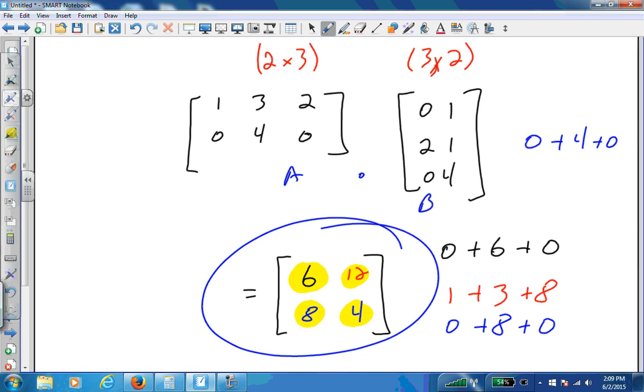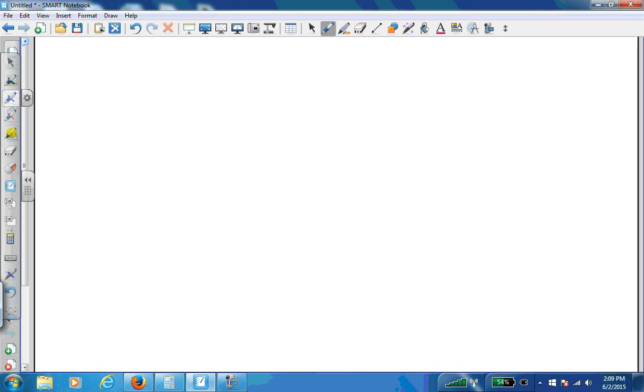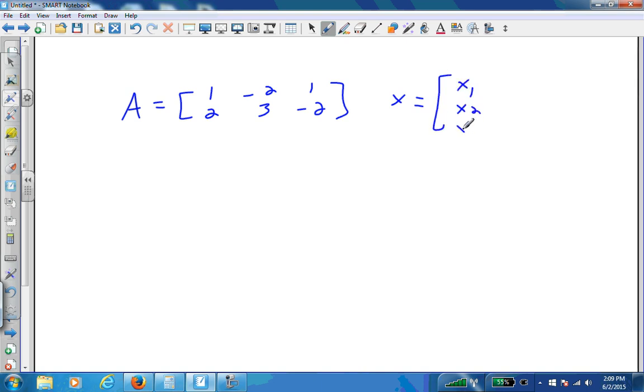So let's look at an example. Let's suppose we have A equals 1, 2, negative 2, 3, 1, negative 2. X equals x1, x2, x3, and 0 being a column vector with all zeros.